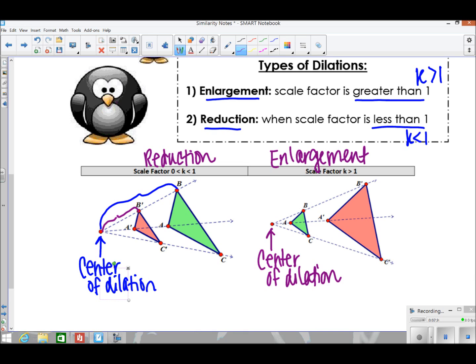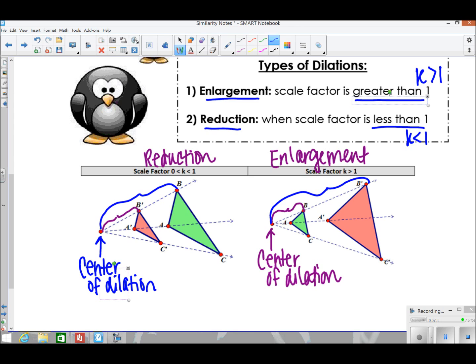If I look from the center to B, after the dilation, the distance from the center to B prime is probably about 3 times as long as the original distance. And that's true for every set of points. From the center to A, in comparison to the center to A prime, that distance is probably 3 times the length of the original distance.